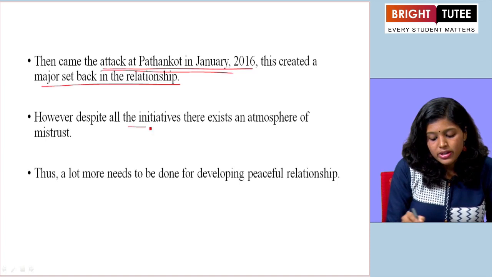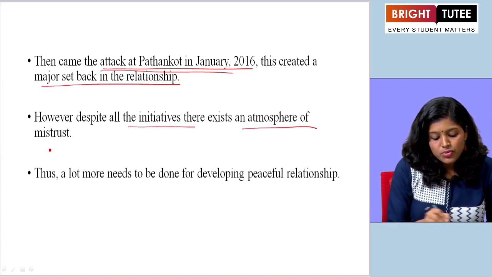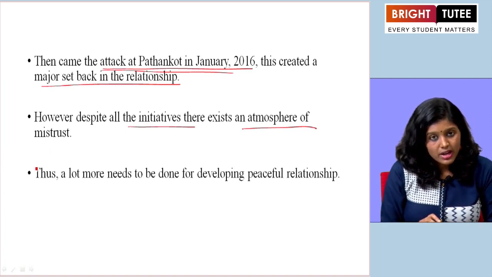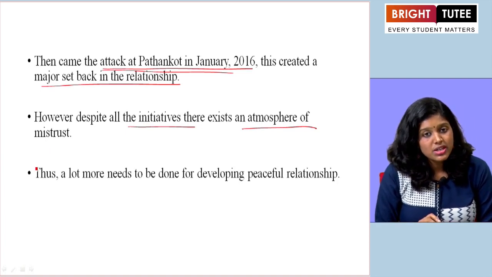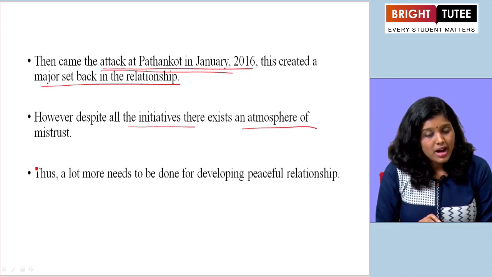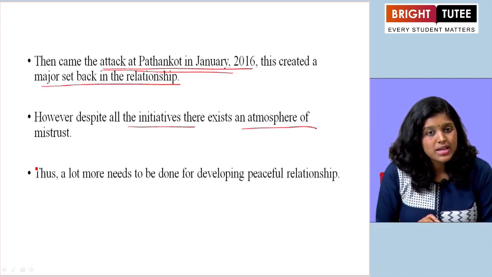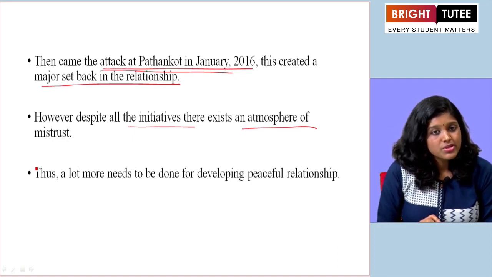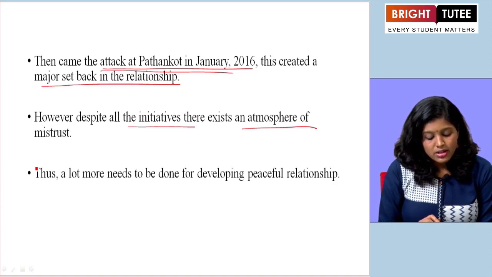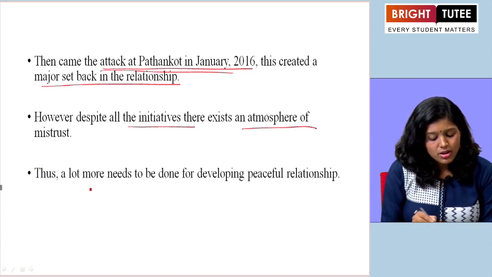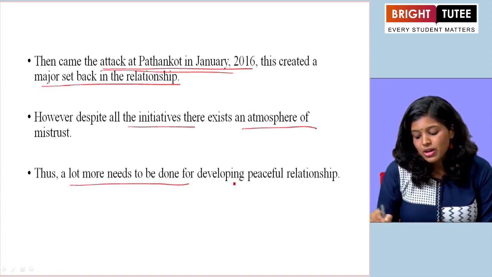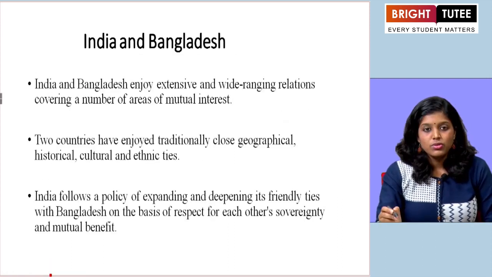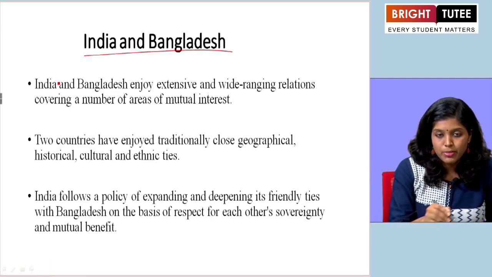However, despite all the initiatives, there exists an atmosphere of mistrust, because there are initiatives on one side to improve the relations, but alongside there are several other mishaps happening, which again create an atmosphere of mistrust. Therefore, we see that a lot more has to be done to develop a peaceful relationship between these two countries. So now we look at the relation between India and Bangladesh.